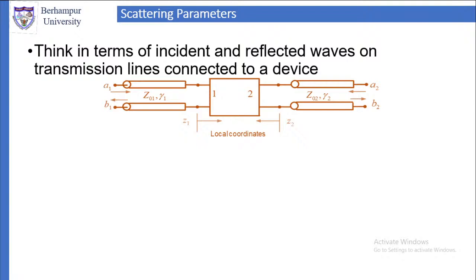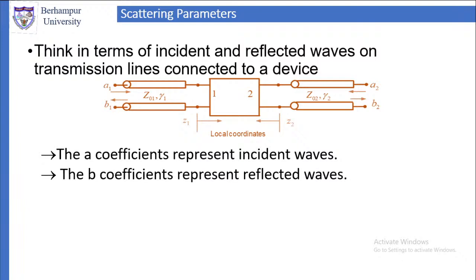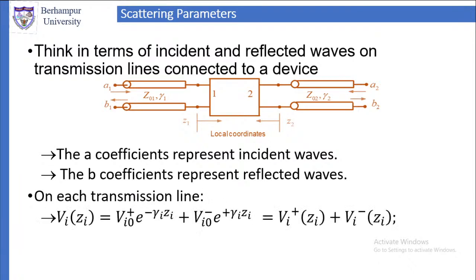Similarly, the wave going into port 2 is A2, and the wave coming out of the transmission line connected to port 2 is B2. The A coefficients, A1 and A2, represent incident waves. The B coefficients represent the reflected waves coming out on each transmission line.